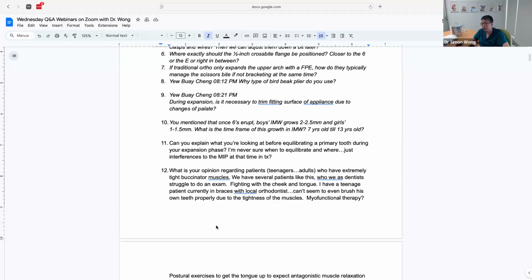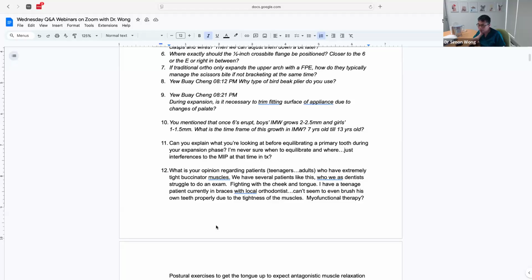We also want to assess if we're in a class 2 or class 3 relationship, if we're riding primary canine ramps in closing that lock us into a class 2 or class 3 relationship. And in those cases, we will equilibrate those mesial or distal guiding walls of the margins to the cusp tips.